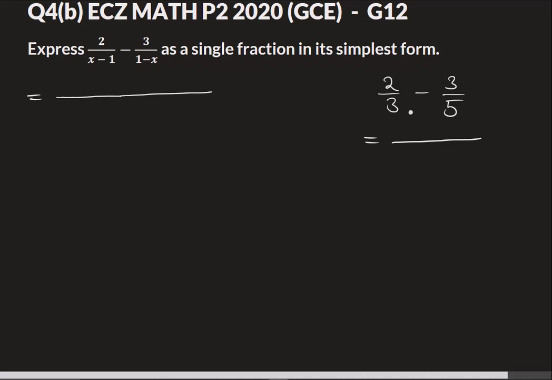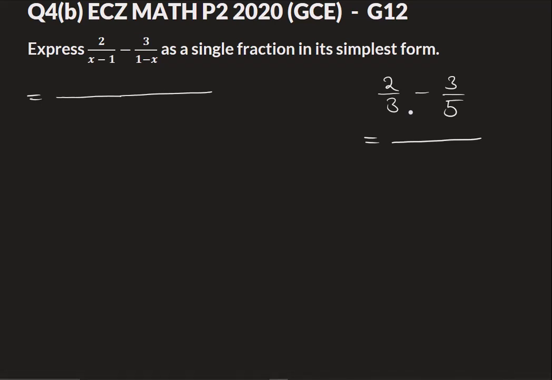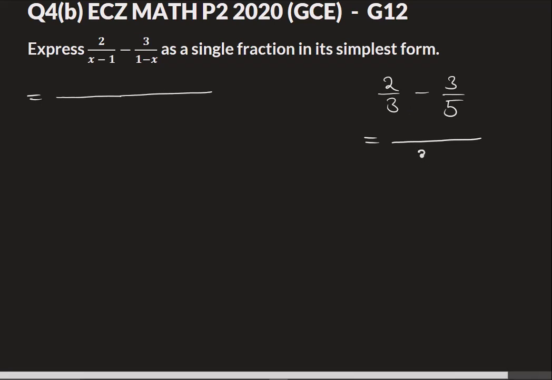3 can go into 3 itself, 6, 9, but the only number that 3 can go into that also 5 can go into is 15. How we find that number is by multiplying the 3 and the 5. After we do this, what I want you to notice is when finishing up our answer for the numerator, we get a 2 and then get the denominator from the other fraction.